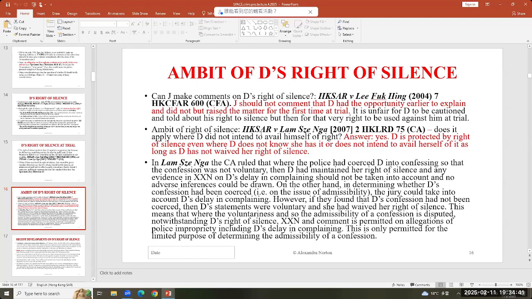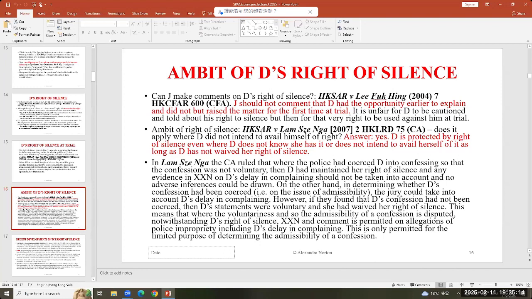Lam Si Na, though, is an important case, and it gets a mention in Chan Chu Leung as well by the Court of Final Appeal. Because what Lam Si Na says, yes, although this is correct as a general principle, when we are dealing with the admissibility of a confession, in other words, there's a voir dire and we're deciding whether the defendant's confession should be admissible or not, then it is permissible to cross-examine a defendant on his delay in lodging a complaint, right?